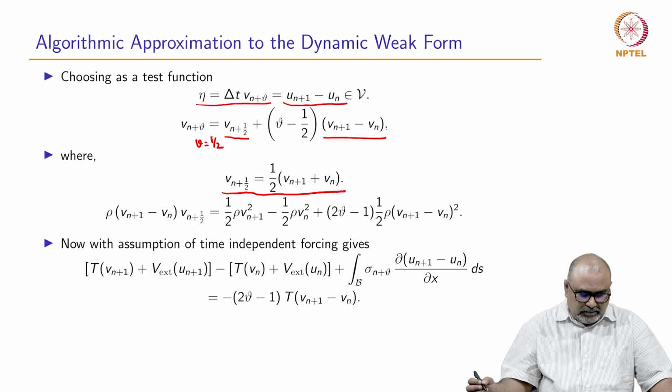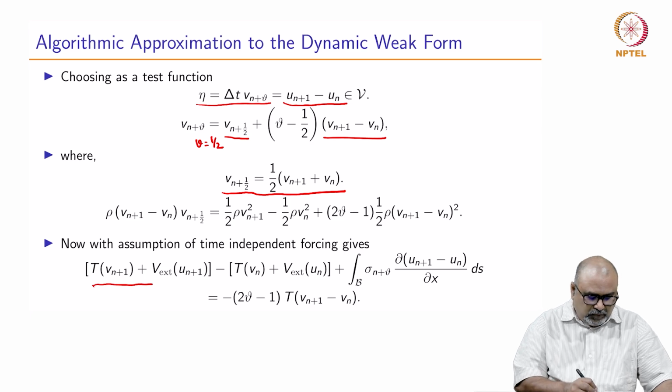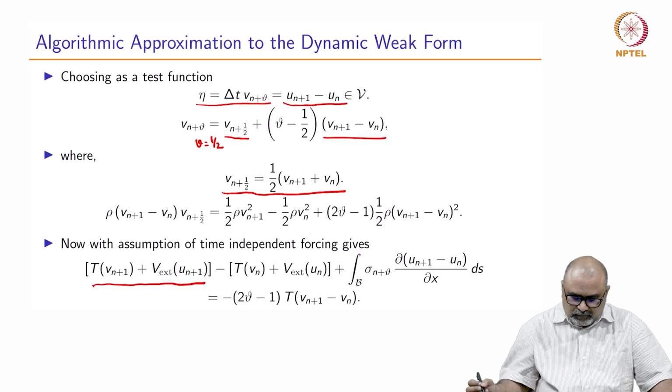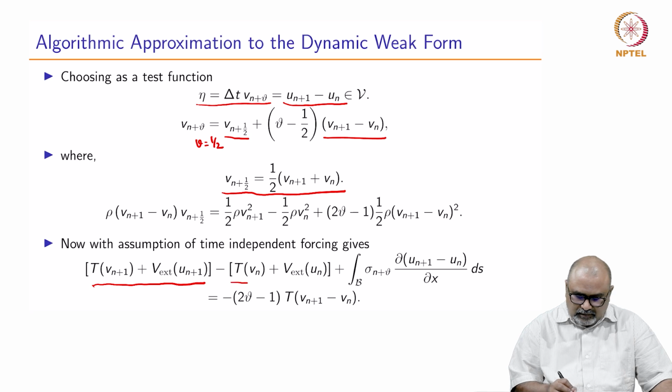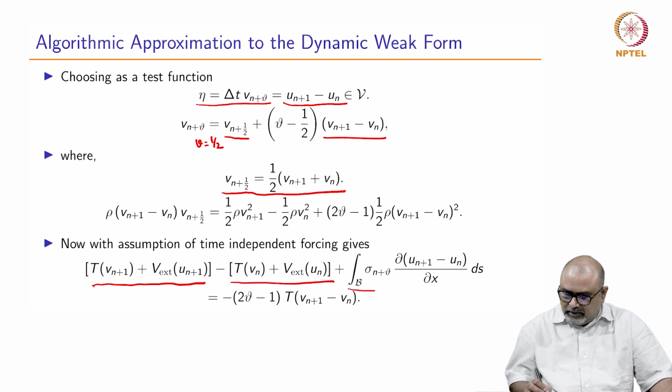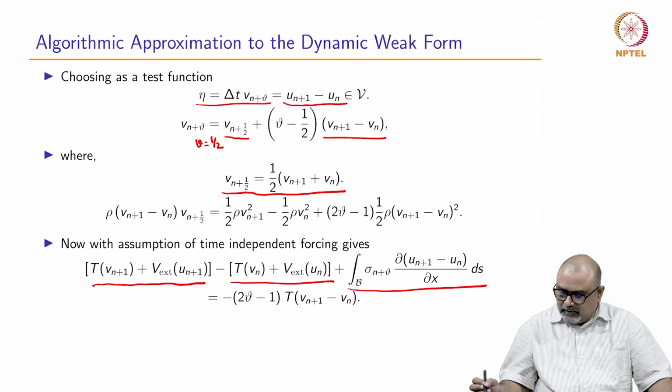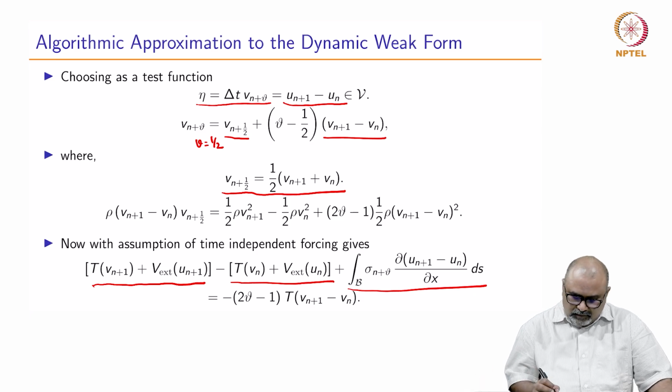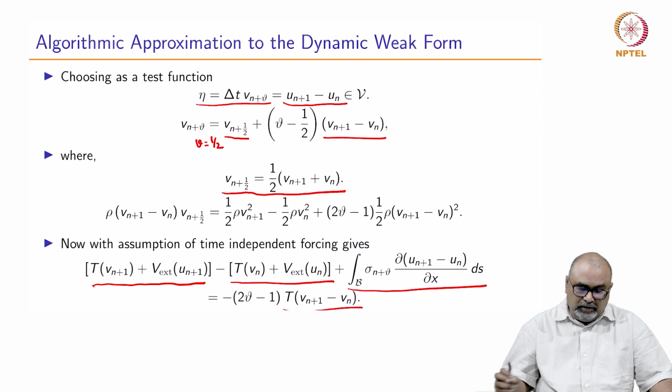Then we get the midpoint rule, and now with the assumption of a time independent forcing function, we can write T of v_{n+1} plus V external of u_{n+1} minus T of v_n plus V external of u_n, plus the force that is coming as sigma times v times ds. So, we have sigma_{n+ψ} times d(u_{n+1} minus u_n) by dx times ds. So, this can be written as (2ψ minus 1) T of (v_{n+1} minus v_n).